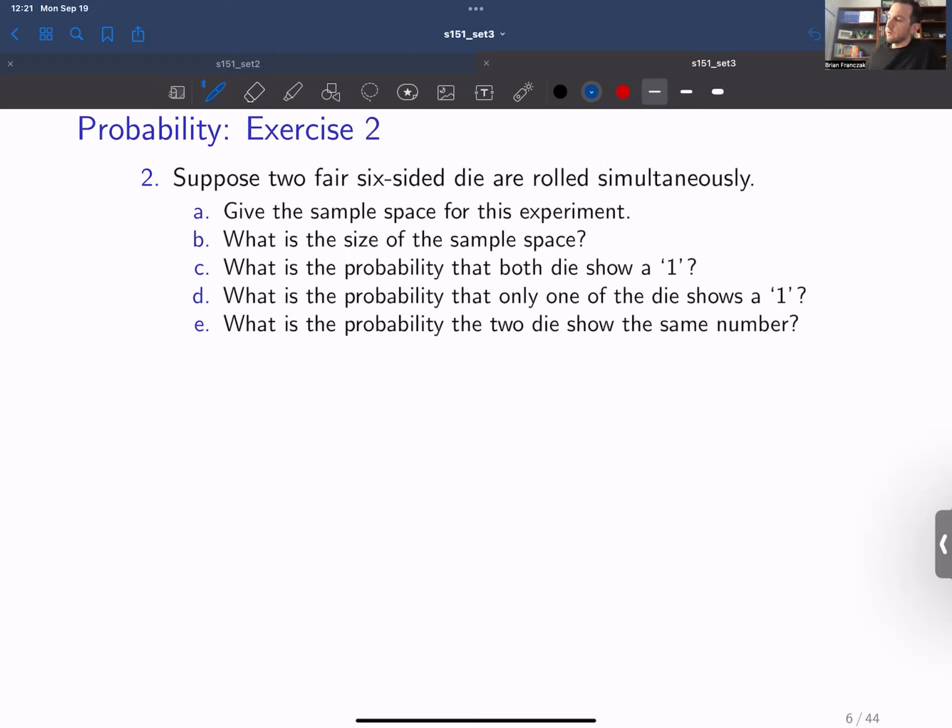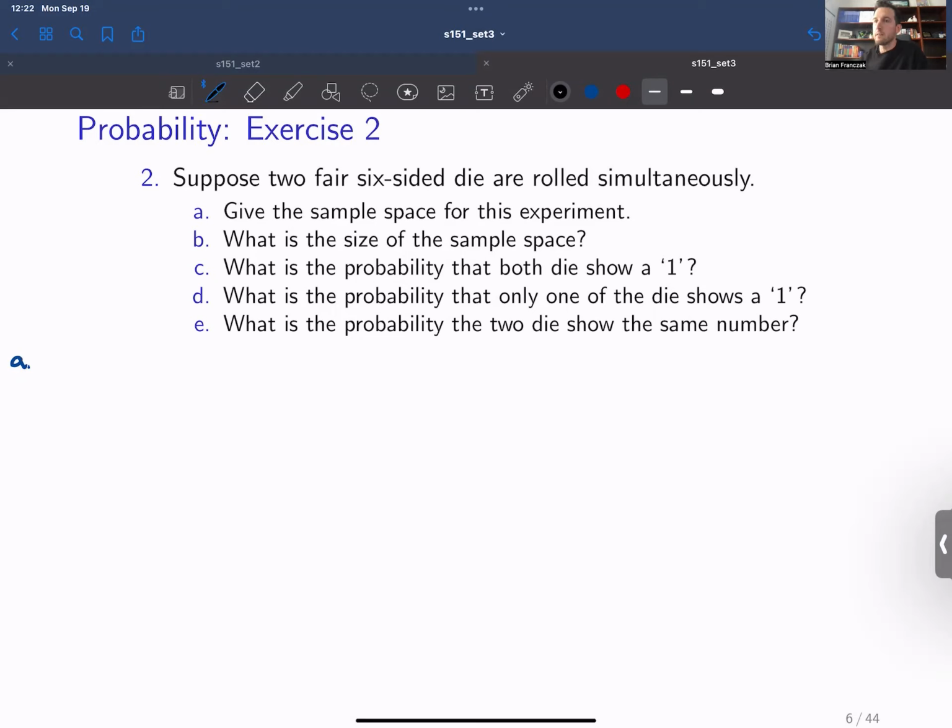Okay, so the scenario here: we have 2 fair 6-sided die rolled at the same time. Give the sample space for this experiment. All right, so we know that the sample space is a list of all of the possible outcomes that can occur each time you conduct the experiment, which in this case is rolling the 2 die at the same time.